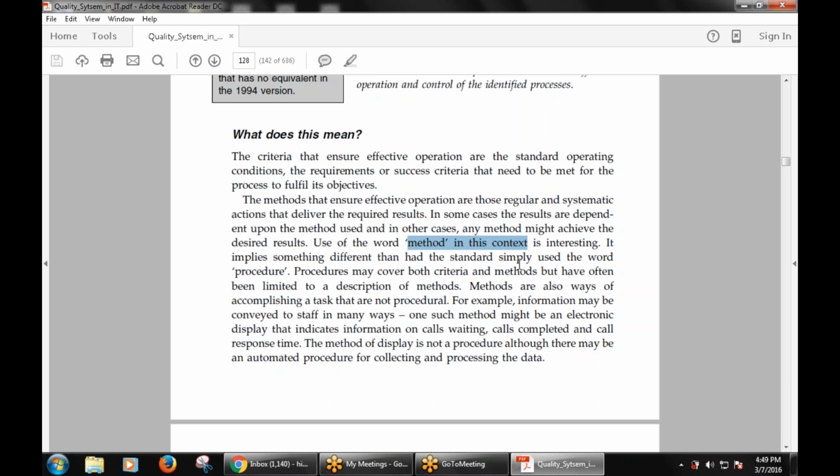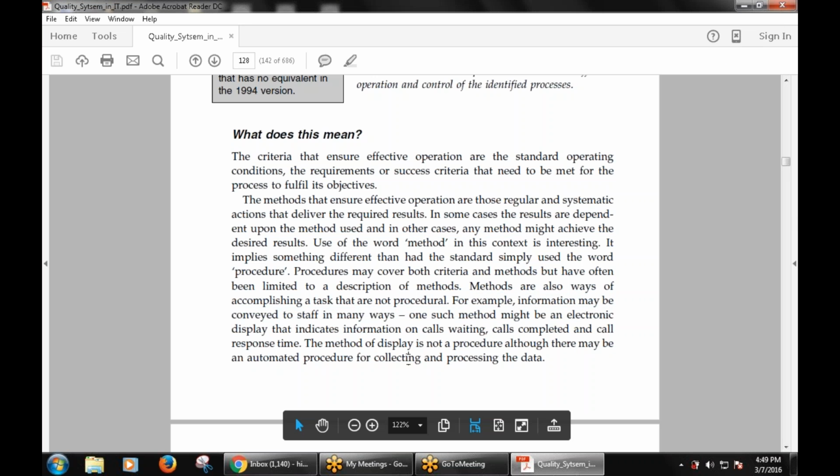The use of the word method is interesting. Whenever we use the word method, it is of the mandatory part. For example, information may be conveyed to the staff in many ways. One such method might be electronic display.